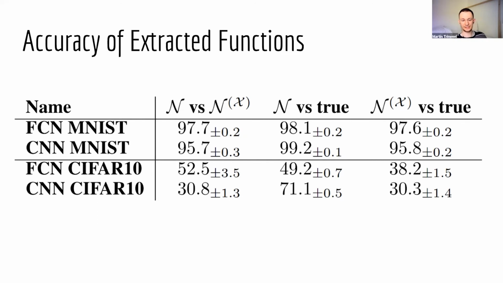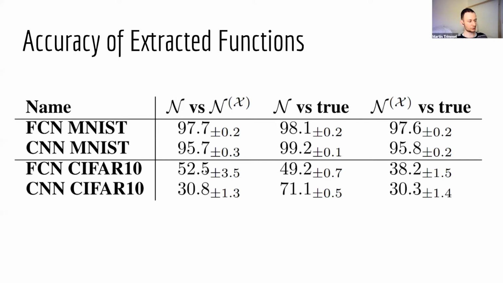We want to investigate how well the coefficients of these linear regions generalize to unseen data. We compare the test accuracy of the network and the test accuracy of the extracted function. We see a consistent difference between CNNs and FCNs across both datasets, across both MNIST and CIFAR-10, and across all of the architectures that we use.